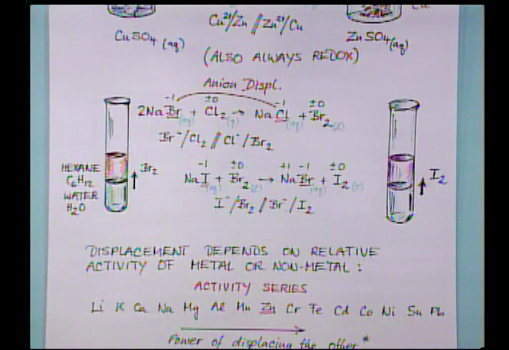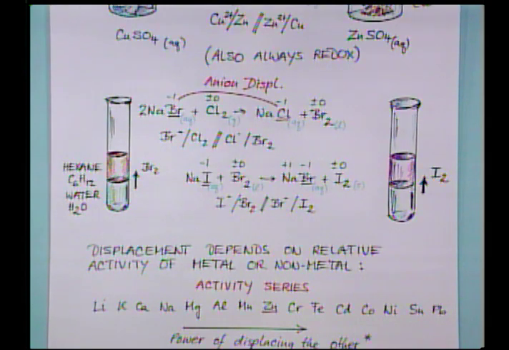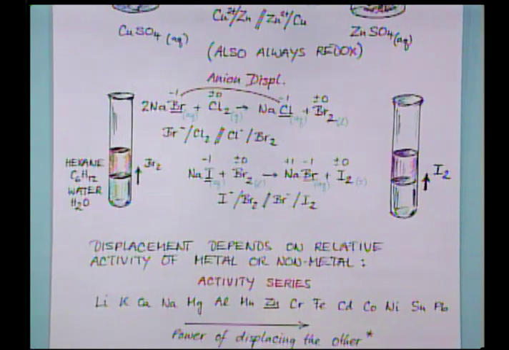And if we do the same extraction type of test, then we will see the top layer of hexane turn into a wonderful purple color or magenta. So this is ionic displacement. So generally speaking, AB plus C gives AC plus B if it's the anion, or AB plus C gives CB plus A if we do a cation displacement. So that's the general pattern of this reaction.